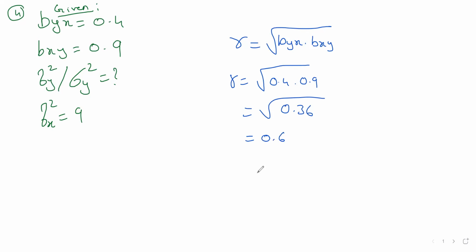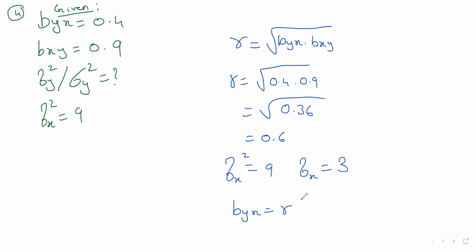It is 0.6. Now byx is 0.4. We know that variance of x is 9. So what is standard deviation of x? 3. Okay.